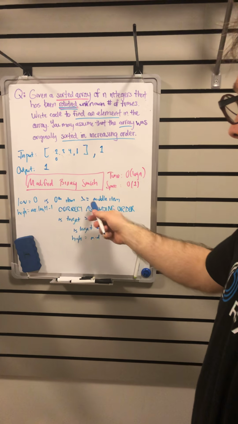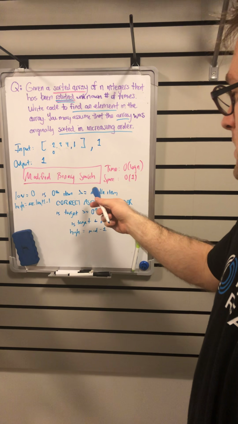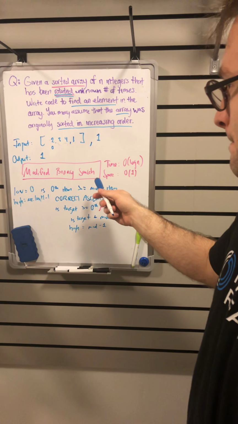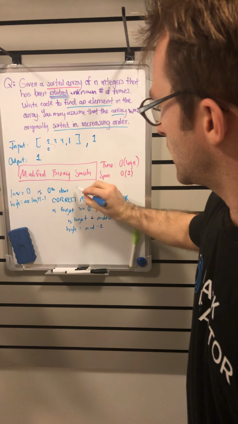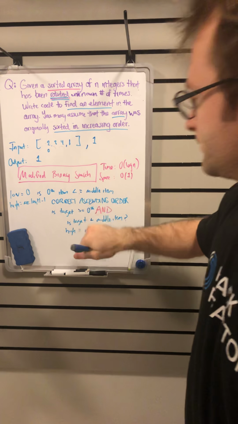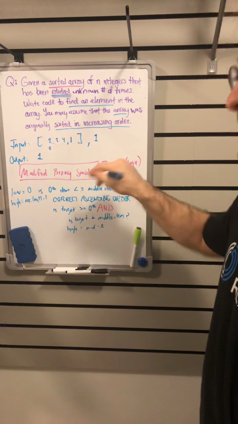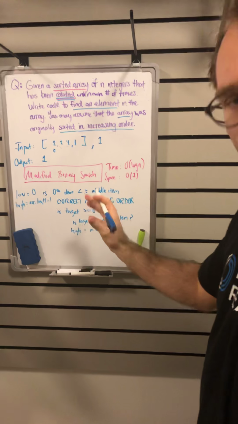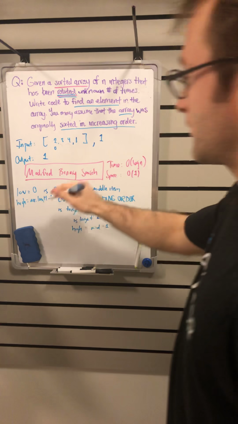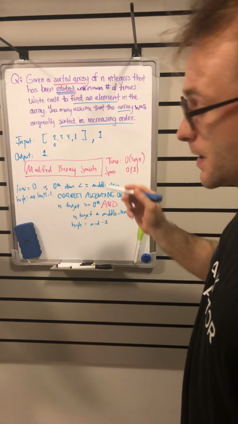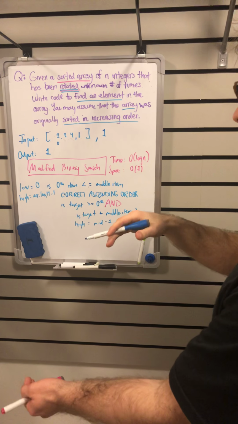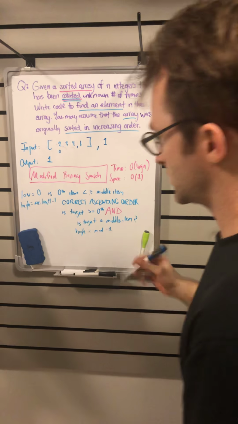Is the 0th item greater? Did I put greater than? I meant smaller than. So if the 0th item is less than or equal to the middle item, we're in the correct order. But if this number was greater than 4, for example, then we'd have to ask a different set of questions.